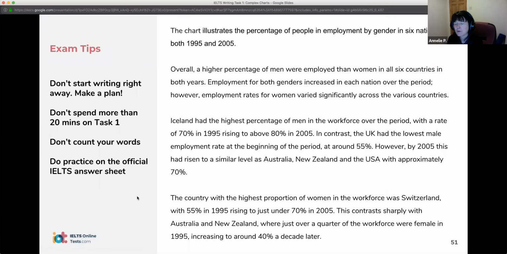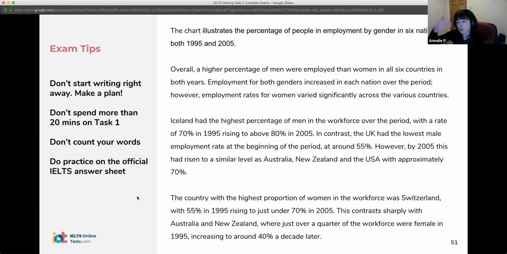It's a terrible waste of time to count the words. So if you practice on the official sheet, which you can just download, you will get an idea of what 150 words looks like in your handwriting.